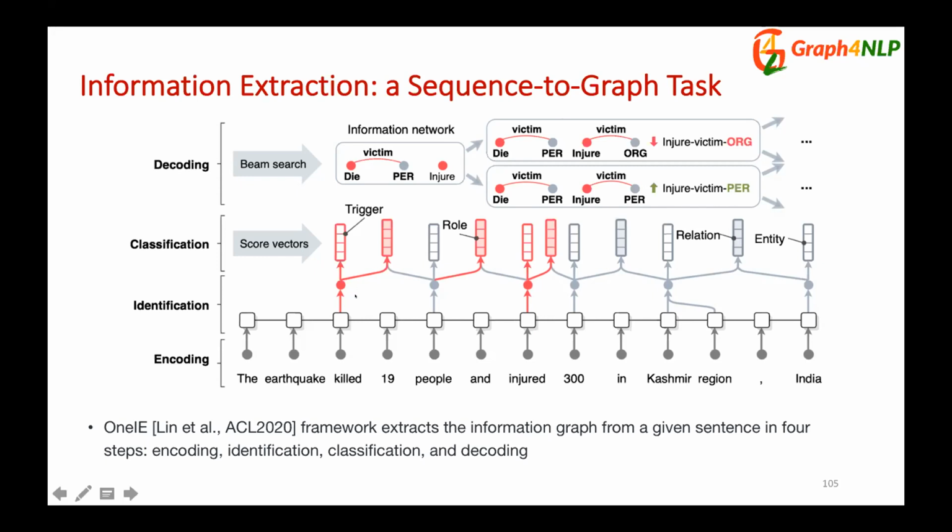Usually the input encoder only looks at the flat sequence of words, so it basically ignores the internal graph structure among these words. Also, in the decoding phase, we normally just scan the sentence from left to right using beam search, so we miss a lot of good candidates. And it's also not very efficient at capturing long distance dependencies when we are decoding.